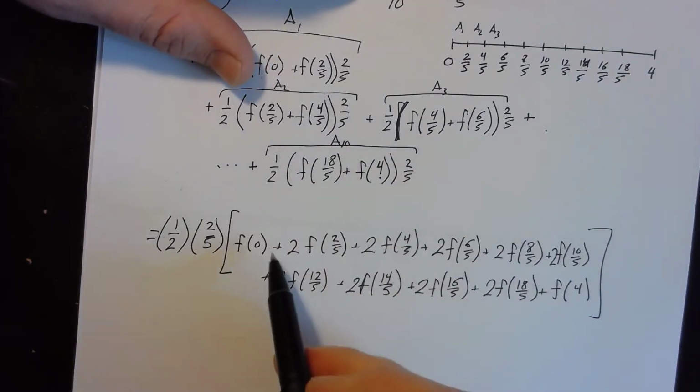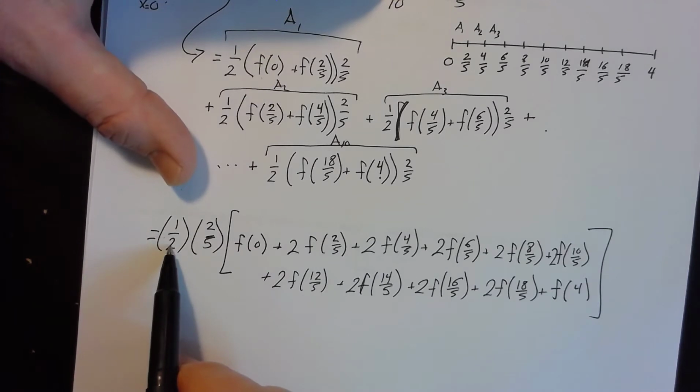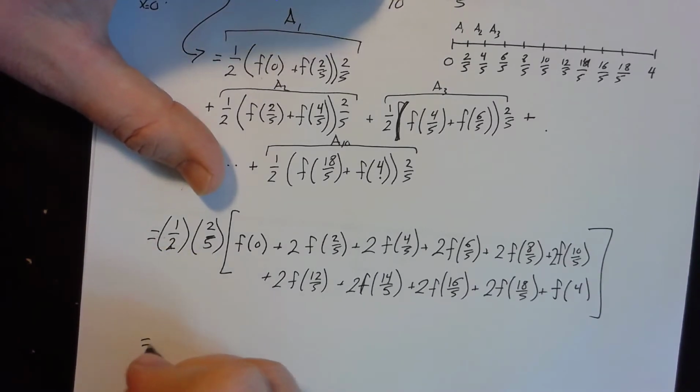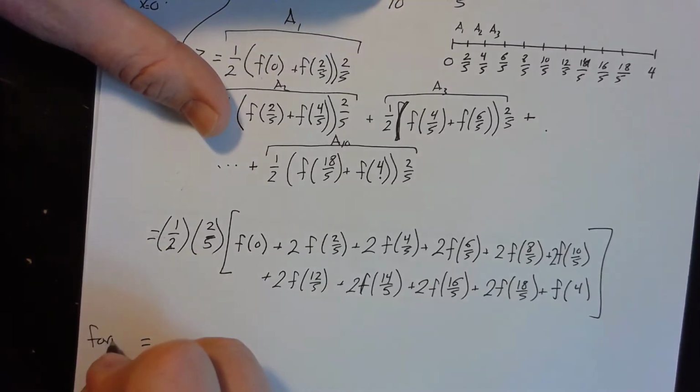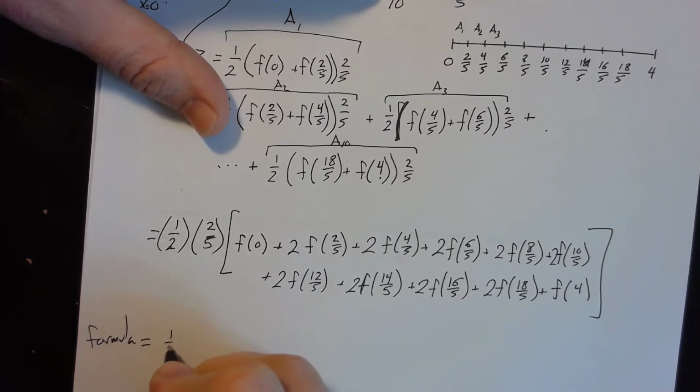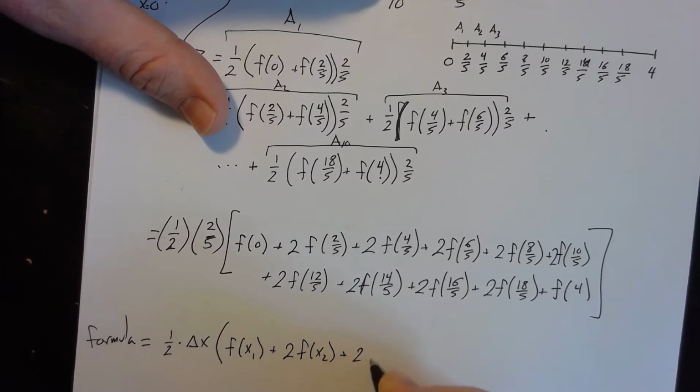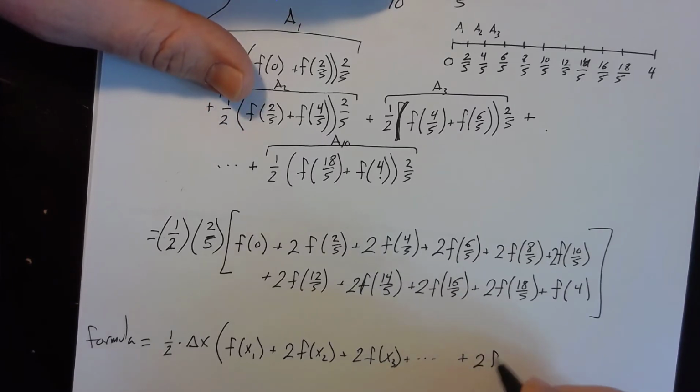You'll notice that the rule then becomes 1/2 times delta x times f of x1 plus 2 times f of x2 plus 2 times f of x3 plus, until I get down to the last term, 2 times f of x sub n minus 1, plus finally a simple f of x sub n.